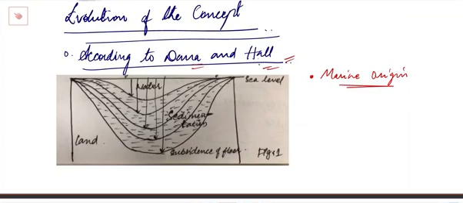So these are of marine origin. And the next thing they said is that there is a characteristic of subsidence, not subduction: subsidence and sedimentation.